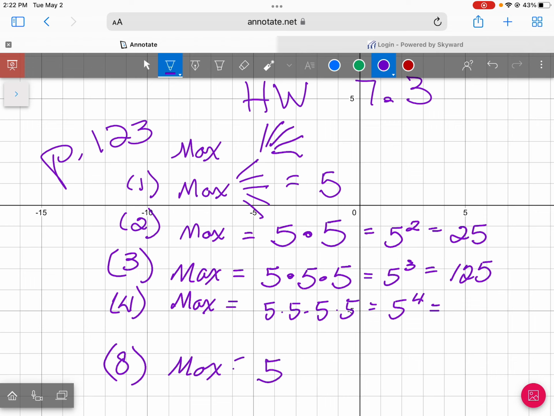How many people are going to owe him money? 5 to the 8th power, which is some giant number, and it says how much money would be sent to him. If everybody sends him $5, it would be that many people times $5, right? Because he's now at the top. All those people would send him money. So that answers your first question.